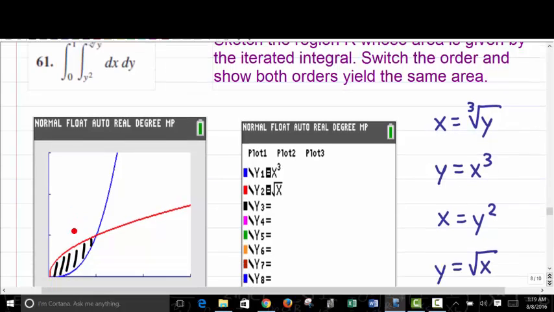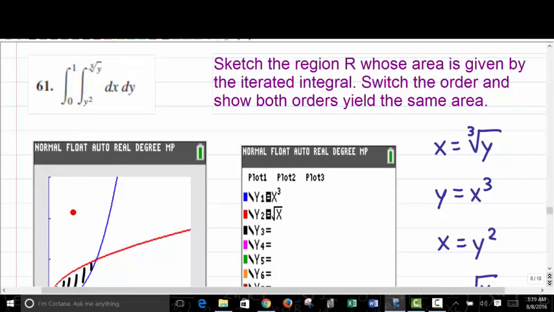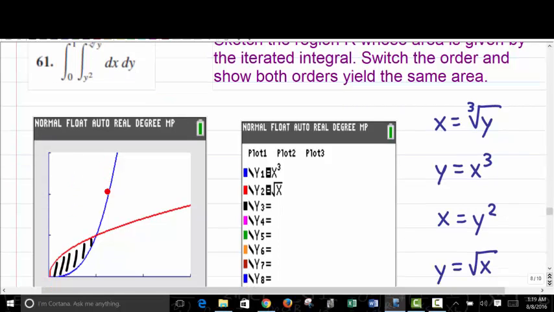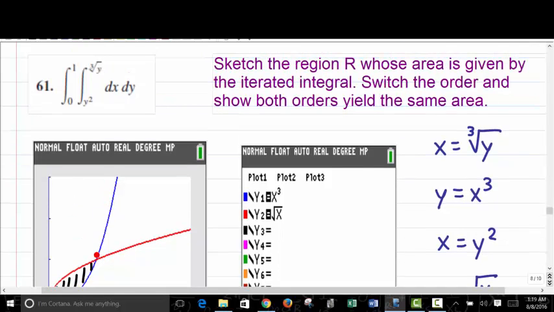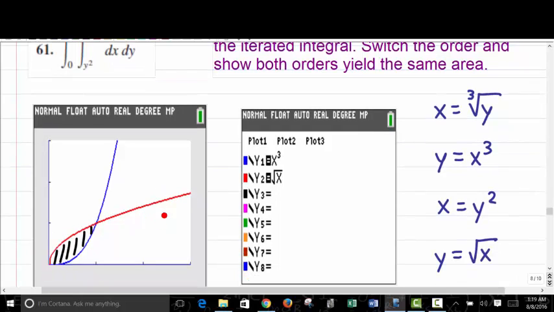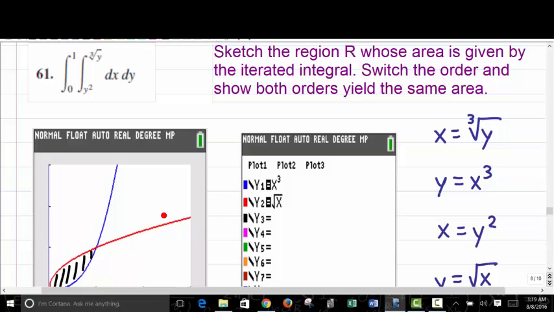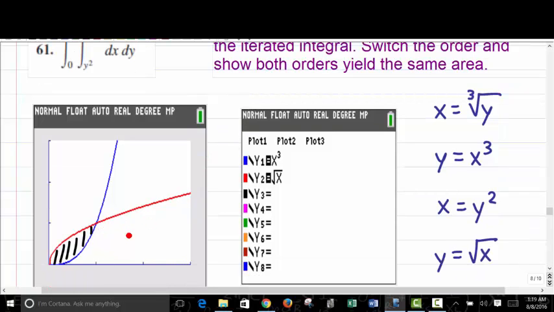But anyway, left to right, we have x equals y squared, which is y equals the square root of x in red. That's on your left. And then x equals cube root of y, which is y equals x cubed. That's on your right.